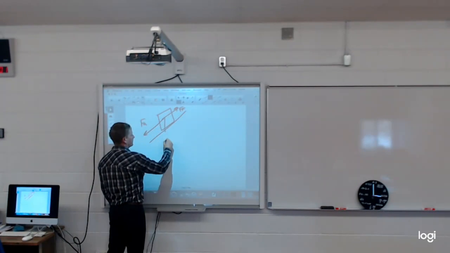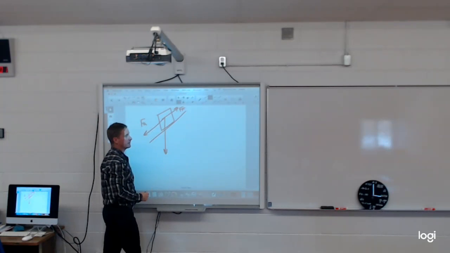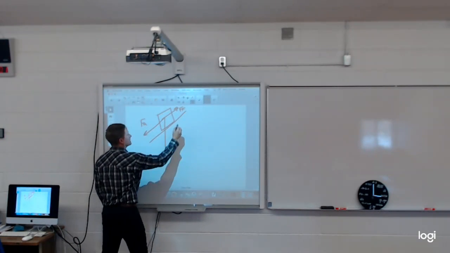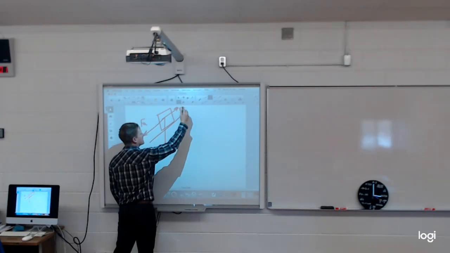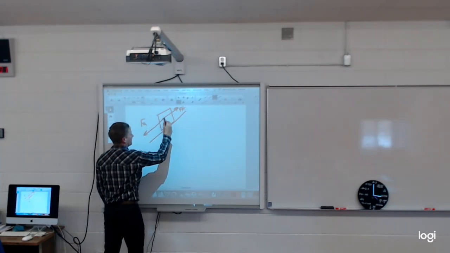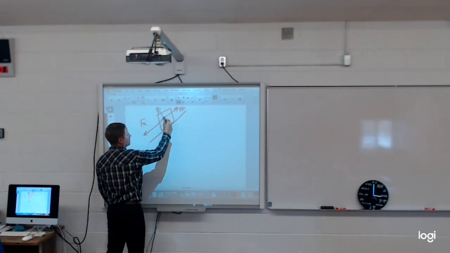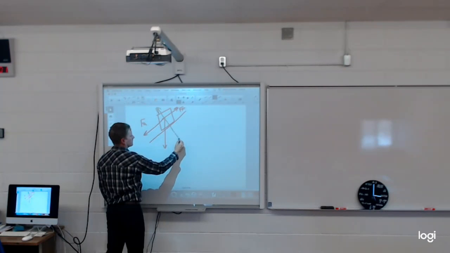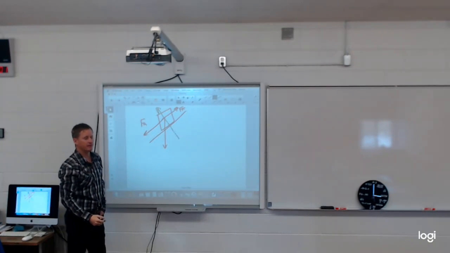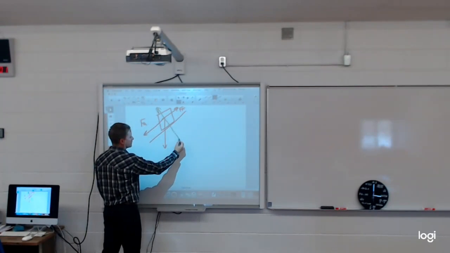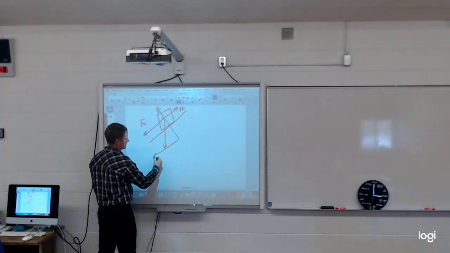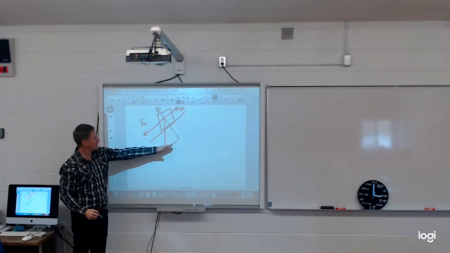Gravity's working which way? Perpendicular to the ground. And then there's a normal force. What is the normal force acting? Perpendicular to the slope. It makes a right angle with the slope. So now I draw this down here. This one is parallel to that.